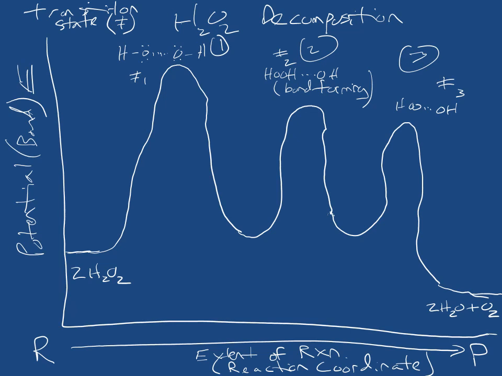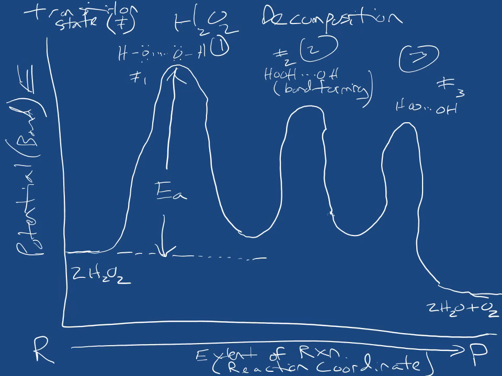Some really important things here are, where do we put activation energy? It's an energy, and this is the highest energy. So what we're going to do is put our baseline here. That's where the potential energy starts. Activation energy is this, and it's the biggest for step 1.